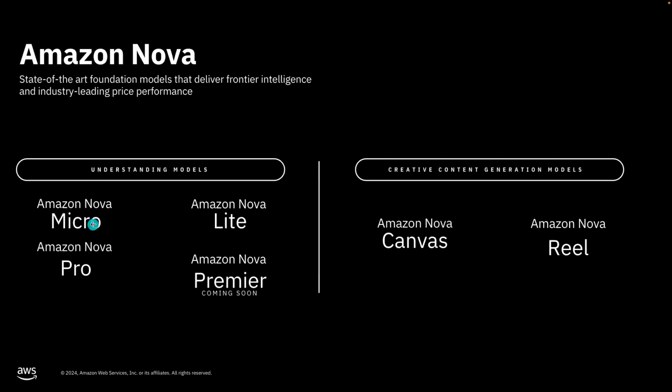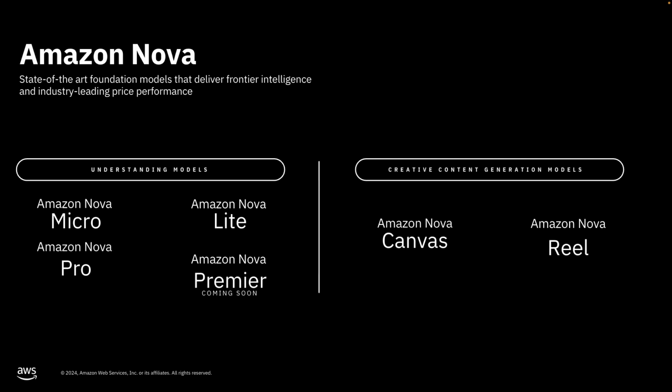Let's start with Micro. There are models named Micro, Light, Pro, and Premier. Currently, I'm going to touch on the Pro model, and you can create images using Nova Canvas. Previously, we used to have the Amazon Titan image generator, and under Bedrock we also have the Stability AI models.